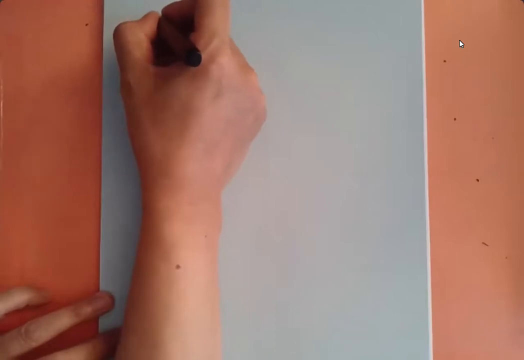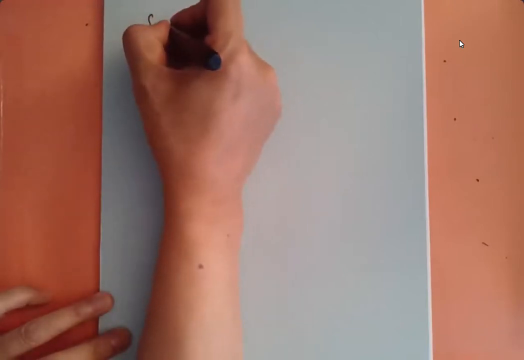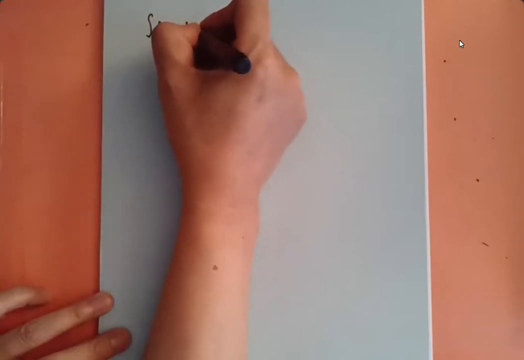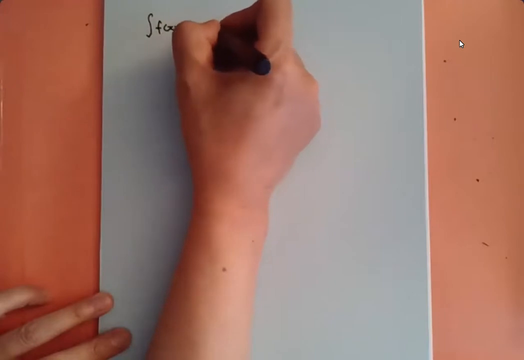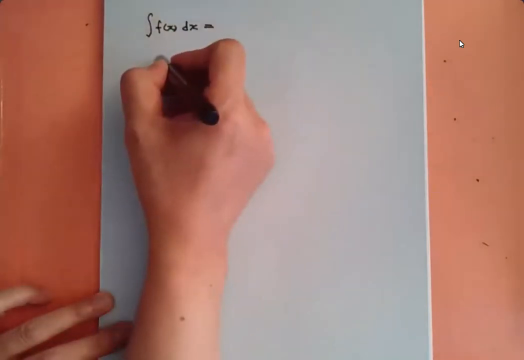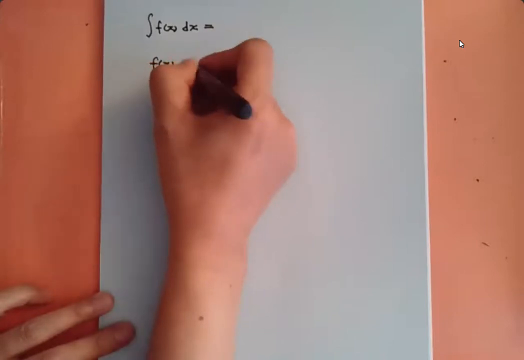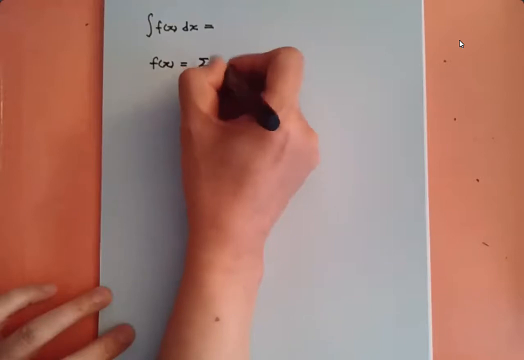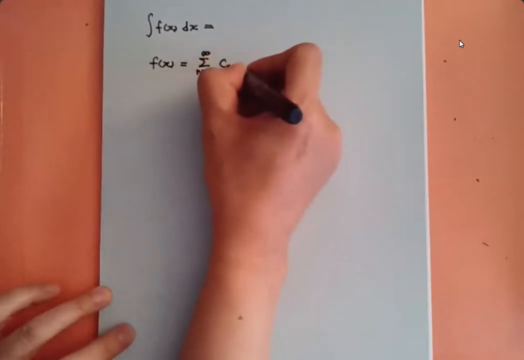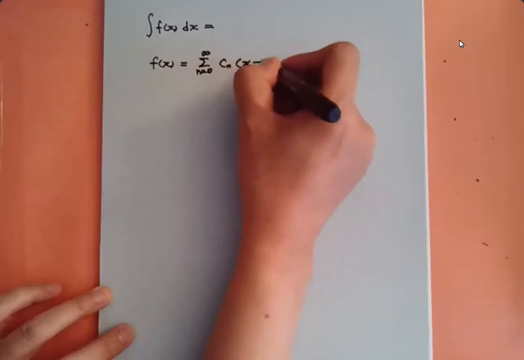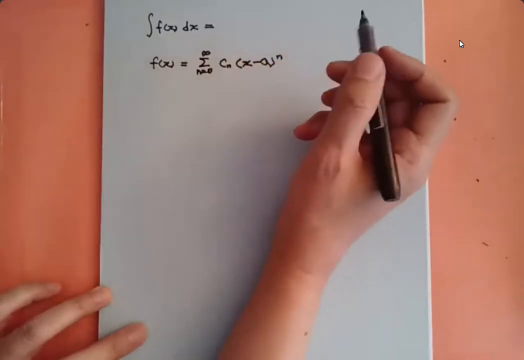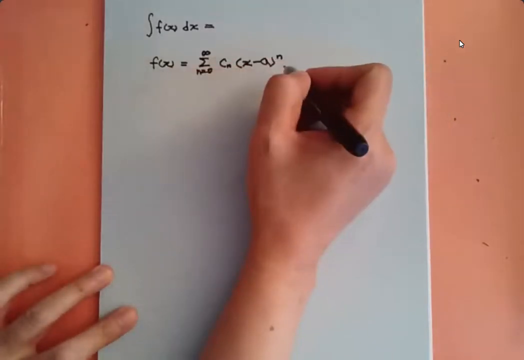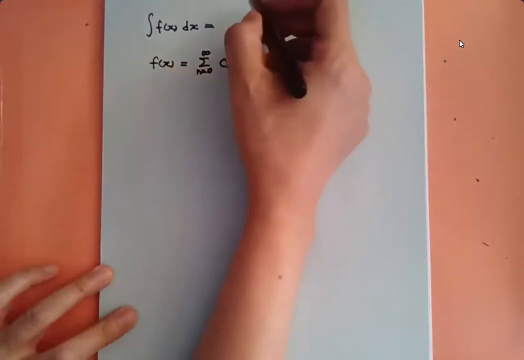Last time we talked about the integration of f of x dx when f of x is defined as the sum from n equals 0 to infinity of c_n times (x minus a) to the n power, and this series converges.